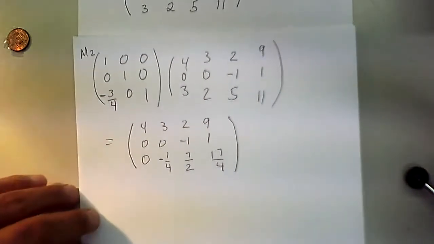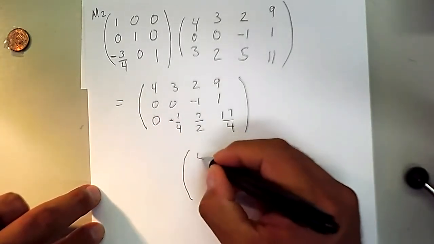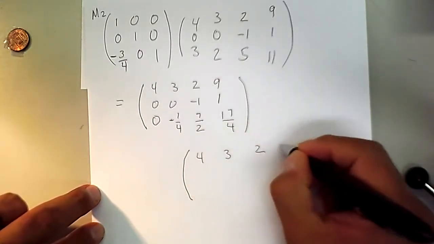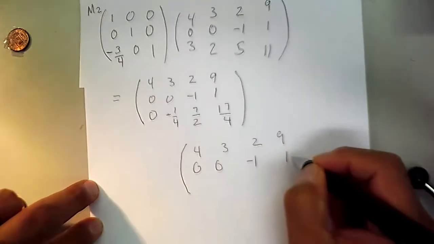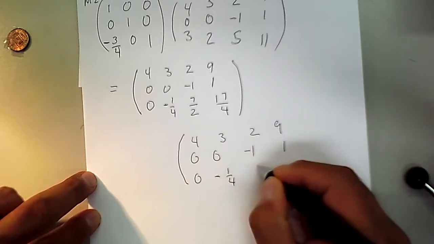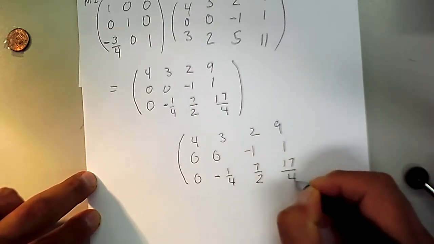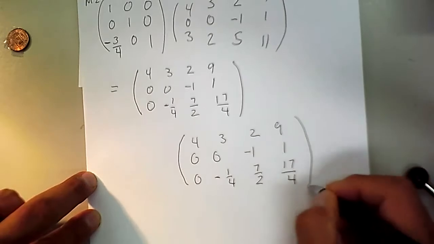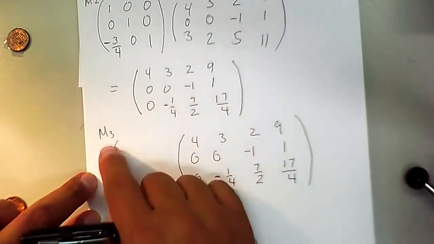Okay. So I'm going to rewrite this. 4, 3, 2, 9, 0, 0, negative 1, 1, 0, negative 1/4, 7 halves, 17 over 4 rather. And we want to multiply with a third matrix. So I'm just calling it M3.